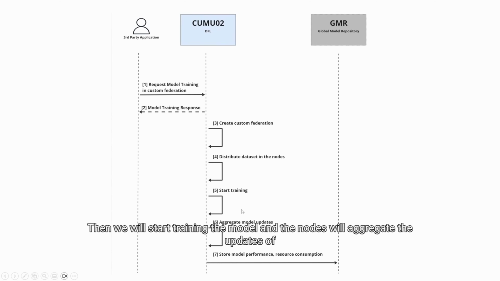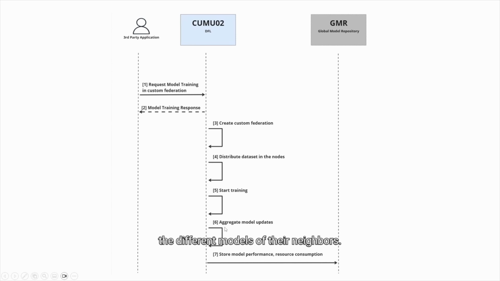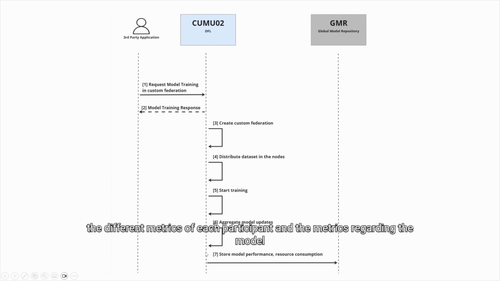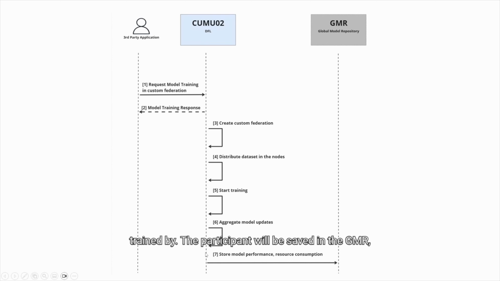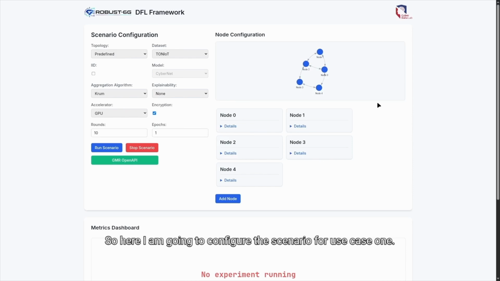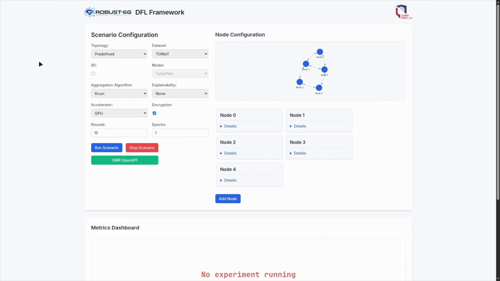Then we will start training the model, and the nodes will aggregate the updates of the different models of their neighbors. Also, this loop is occurring during the different rounds of the federation. And finally, the different metrics of each participant, and the metrics regarding the model trained by the participant will be saved in the GMR, the Global Model Repository.